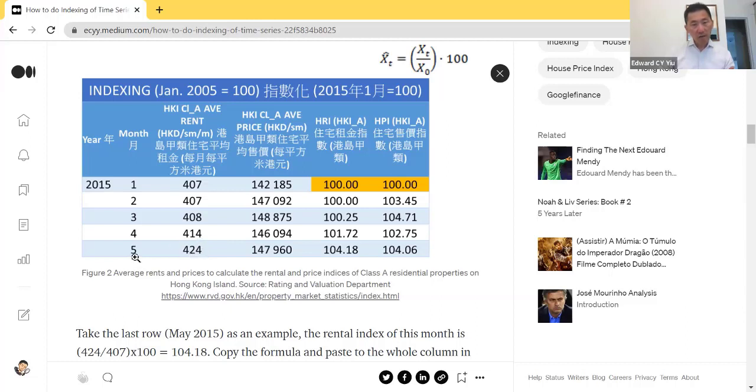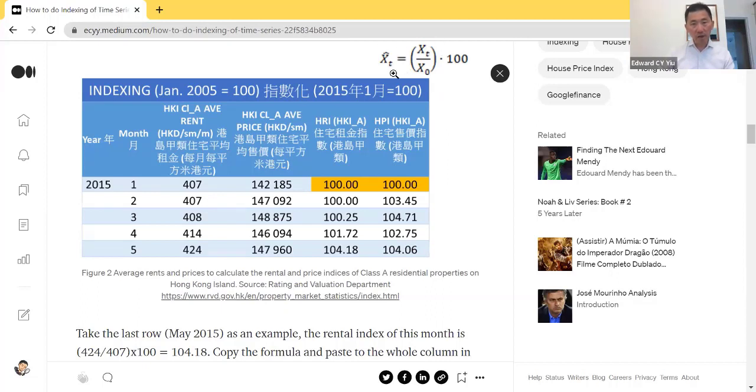424, the rent in May, divided by the fixed initial period average rent 407, that becomes the ratio, and then times 100, it becomes 104.18. Similarly, for the price index, we divide the May average price by the fixed initial average price times 100, then it becomes 104.06.